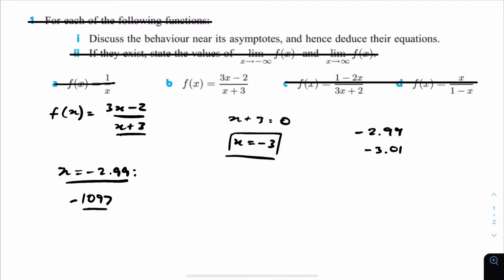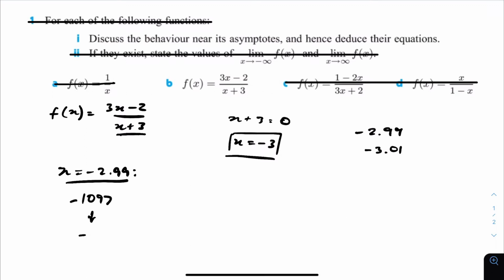And this value itself is not important. What's important is that it's a negative value and it's very large. So that suggests that if you get infinitesimally closer to x equals negative 3, we're going to keep getting a bigger and bigger negative value until it reaches negative infinity.